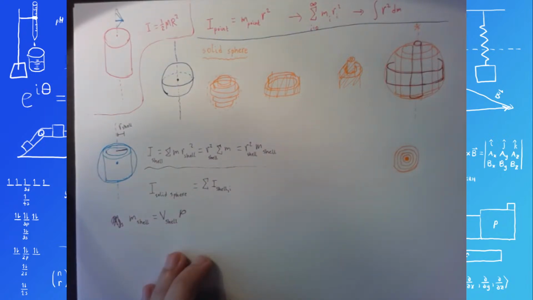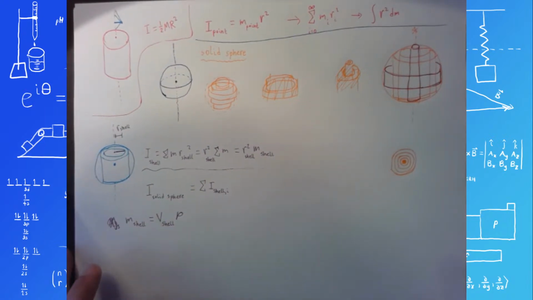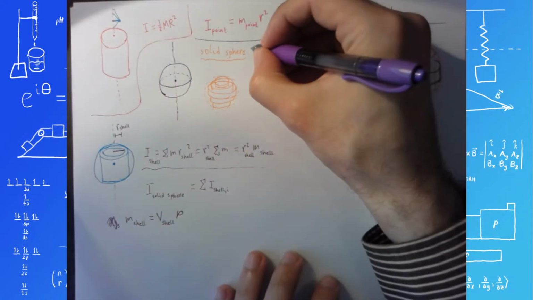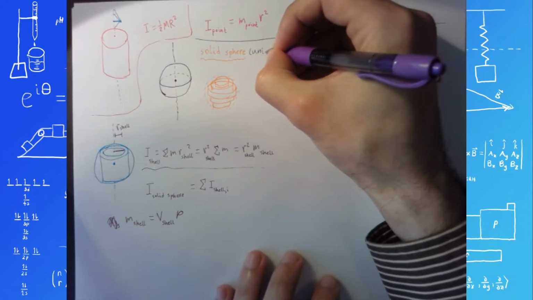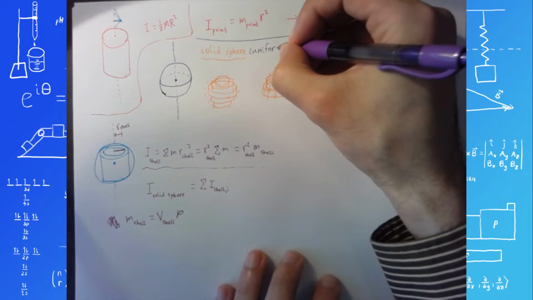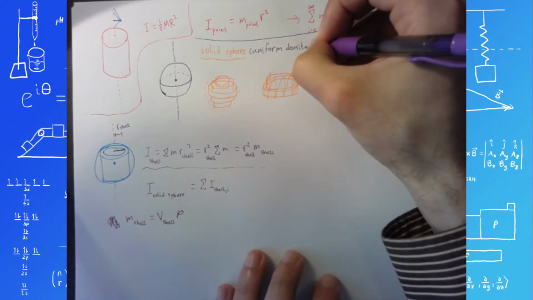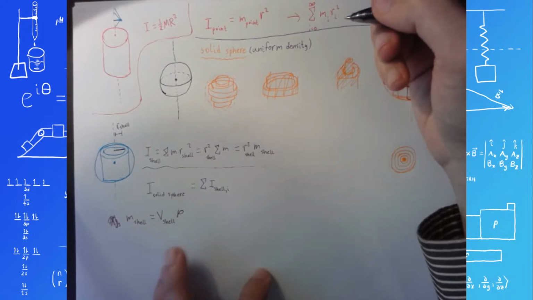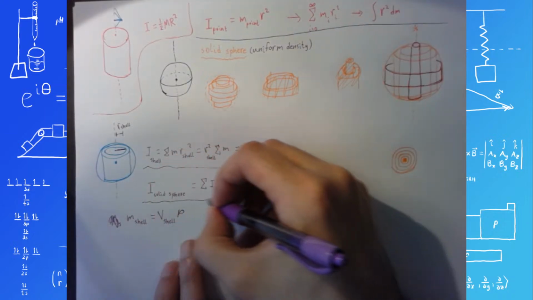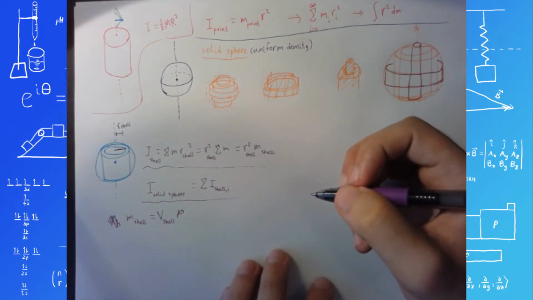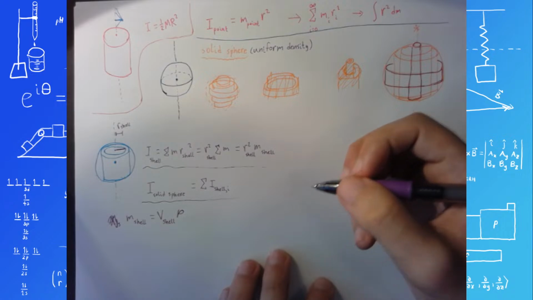And the density, assuming this solid sphere has uniform density, that's something I should have mentioned. Solid sphere of uniform density. If the density is uniform, then the density is simply equal to the total mass of the sphere divided by its total volume.